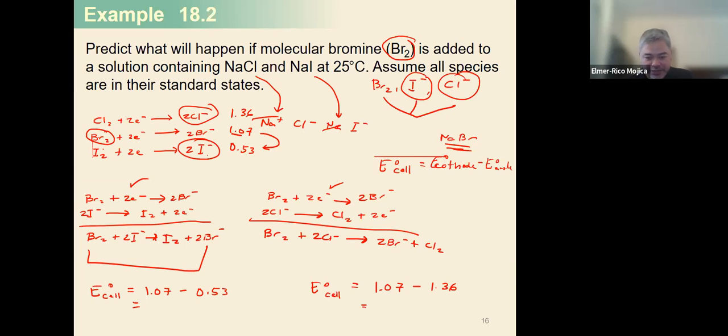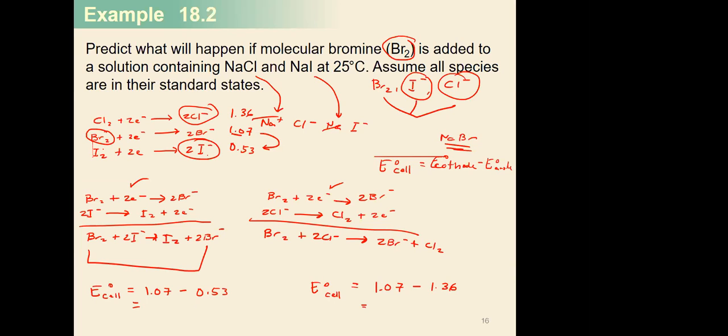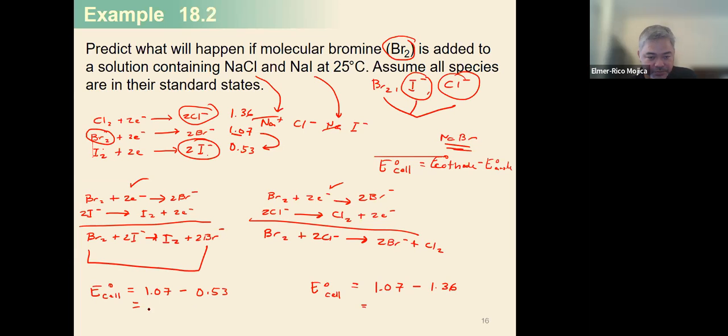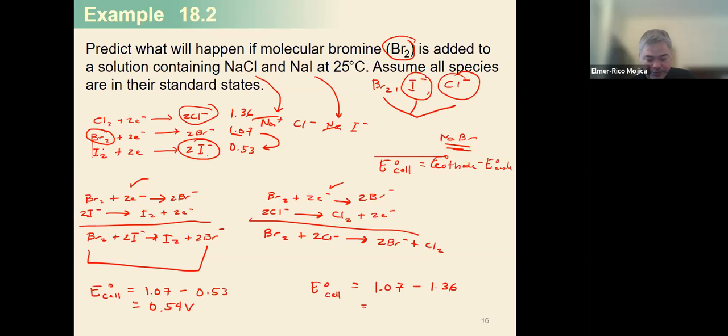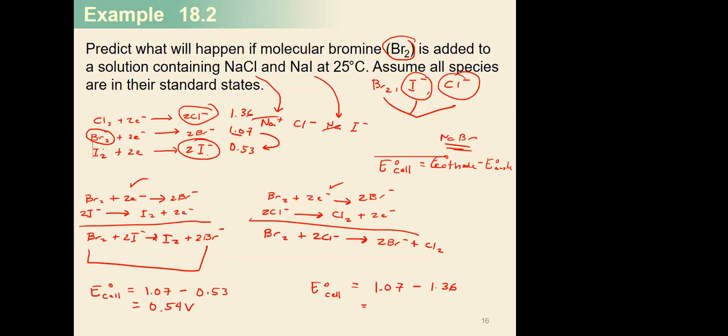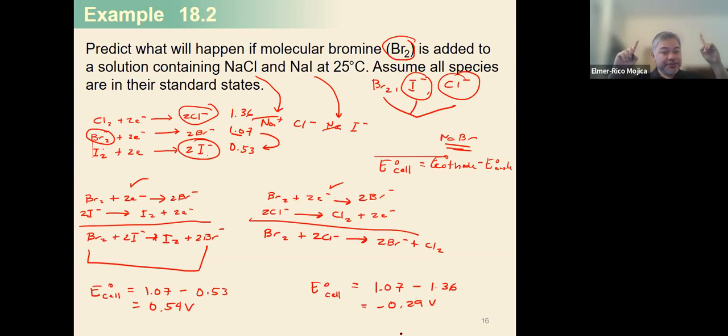So the one that we have there, 1.07 minus 0.53, this is what? 0.54. And this one here is 1.07 minus 1.36, so that's a negative value. Now, the value of the cell potential tells you what kind of cell it is.